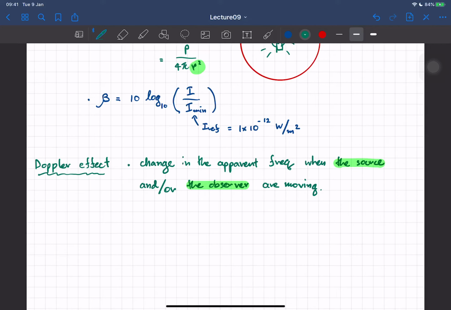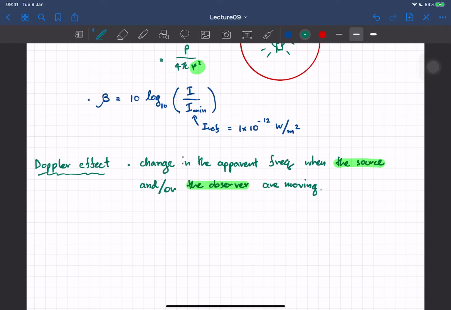That's something that you experience in real life. If you stand next to a road, and there's an ambulance coming towards you, or hopefully nothing related to you, but you hear the siren of the ambulance. When the ambulance approaches you, you hear the frequency of sound getting higher and higher. And when it goes past you, the frequency will be lower.